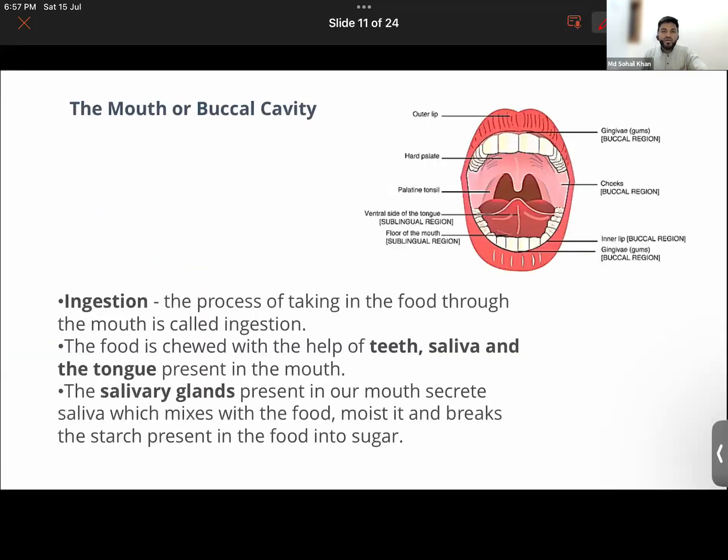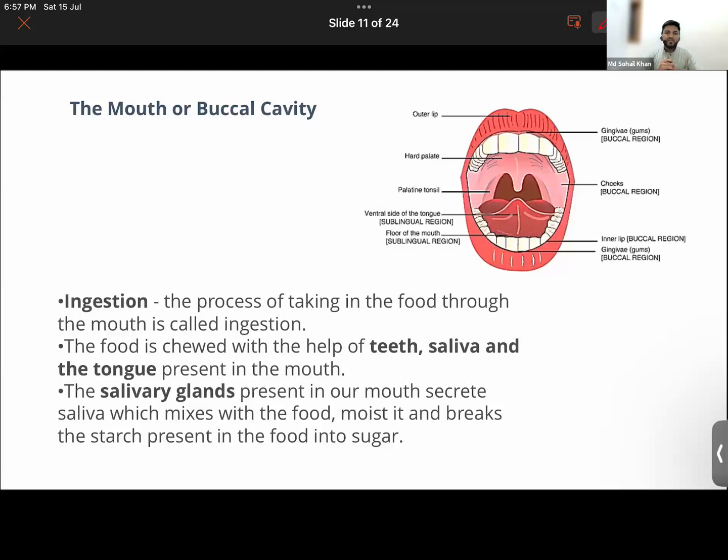Let's talk about the buccal cavity. Our alimentary canal basically starts from the buccal cavity, also called the mouth. It is that portion of the alimentary canal where the food gets broken down physically and chemically. Physical breakdown happens by chewing and biting the food.